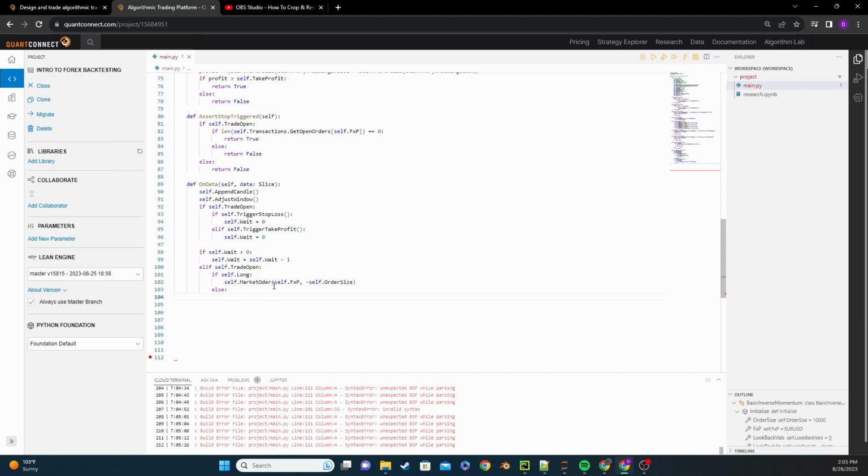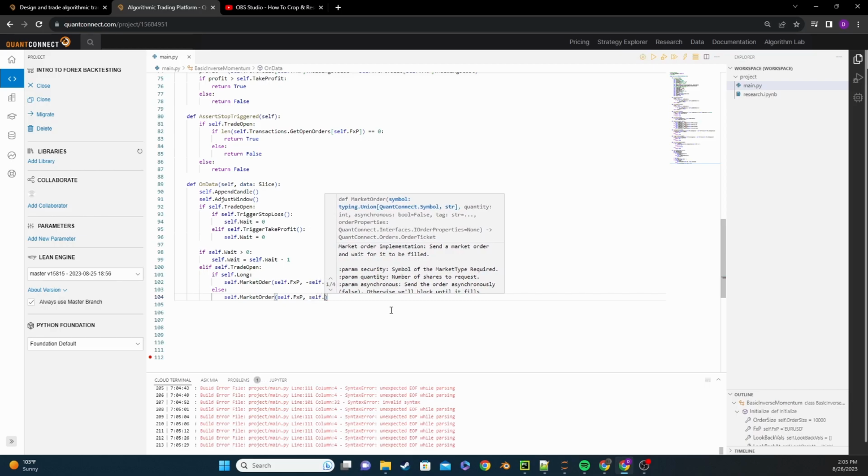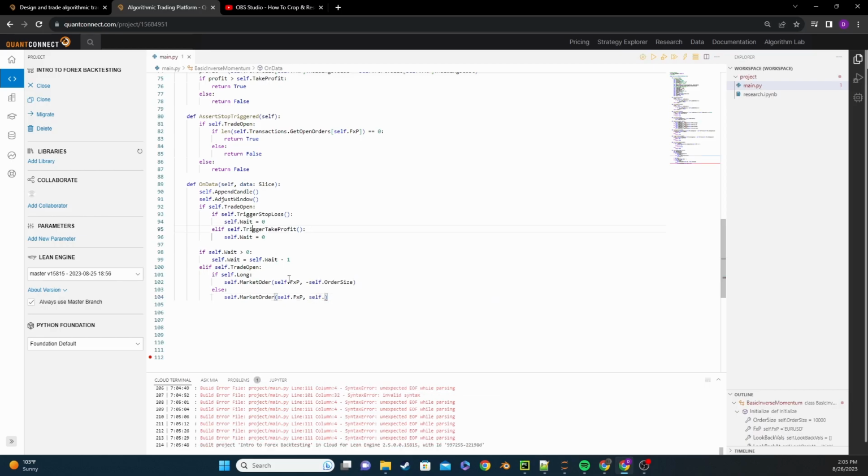So we're going to do an inverse position of the order size. So if we were long 10,000 units, now we're going to sell those 10,000 units. Else means if we were short, order size.